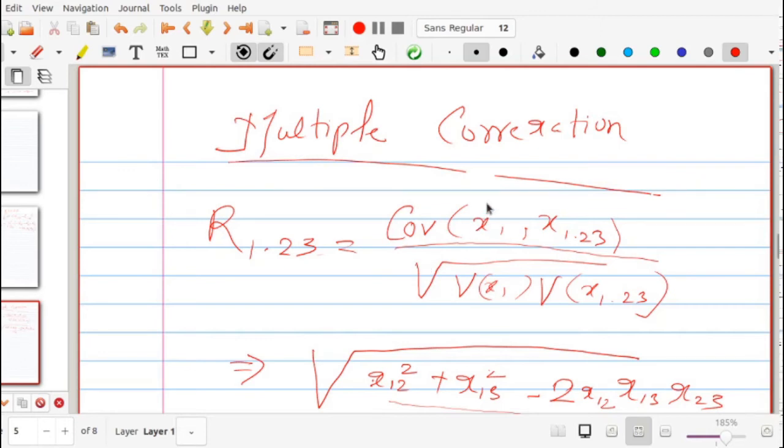So basically, it is a degree of association between x1 and the estimated value of x1 based on the regression model. So that is how it is defined as the multiple correlation.